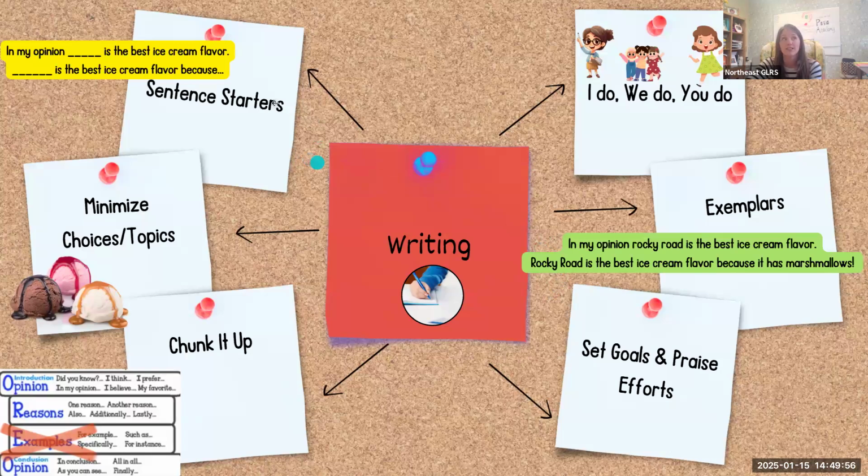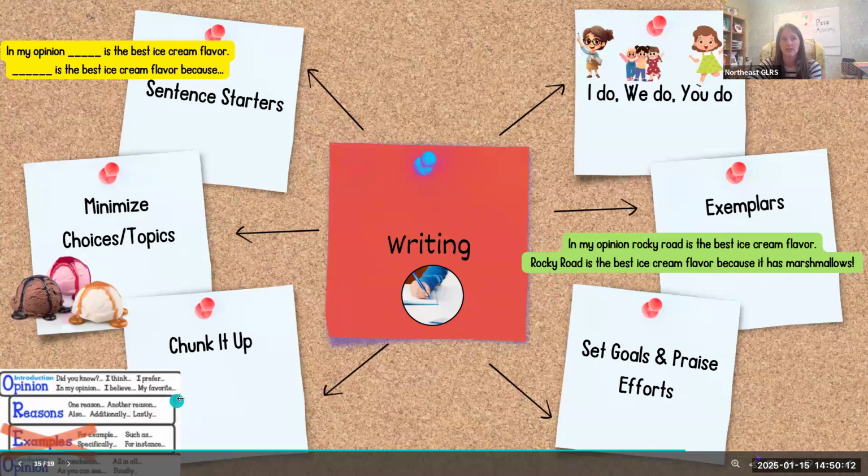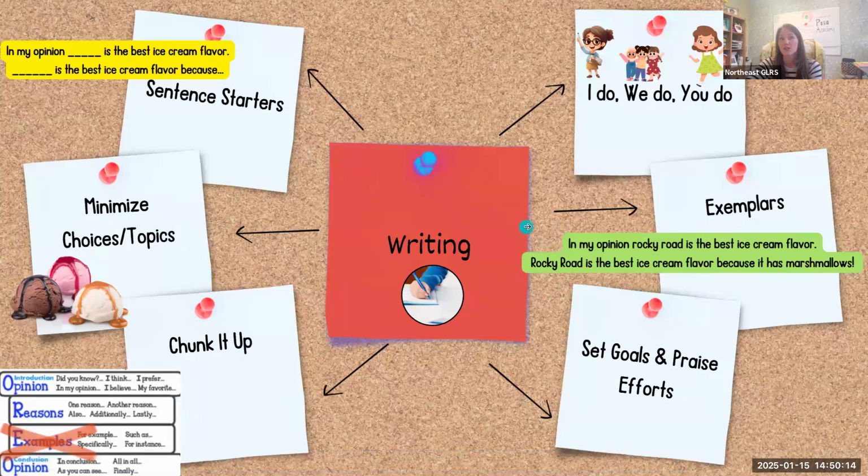Now, if I gave my students a sentence starter, told them you can choose between strawberry, vanilla, and chocolate, and had those words written out to support them, they have a graphic, a visual support chart here, and I also used an exemplar, I would feel very confident that my student would be able to make a choice between strawberry, vanilla, and chocolate, and independently write their own sentence.